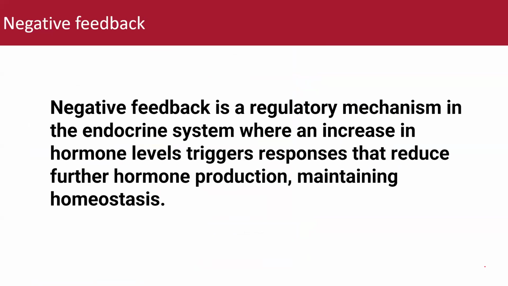Now here's another question that they could talk about. They could talk about negative feedback. I always find this one a little bit tricky to explain. So I'll read it out and then talk about it. Negative feedback is a regulatory mechanism in the endocrine system where an increase in one hormone triggers a response that reduces more of that hormone being made.